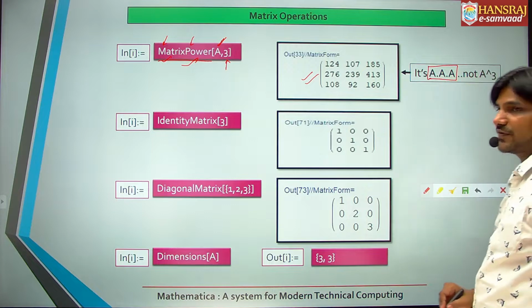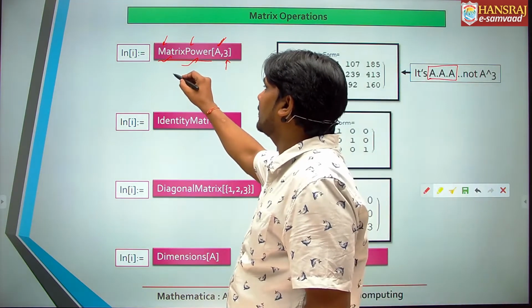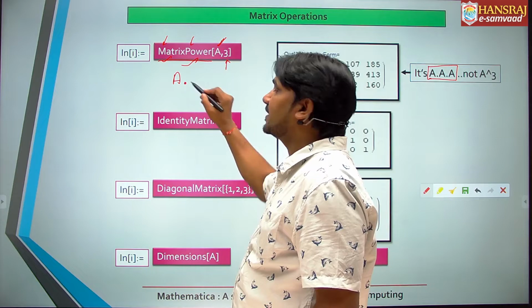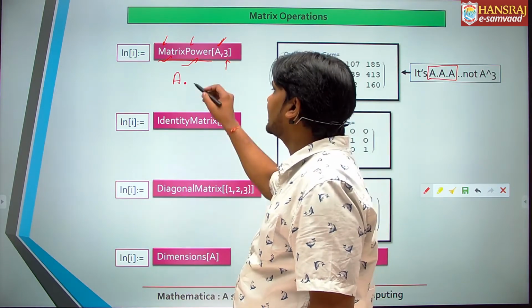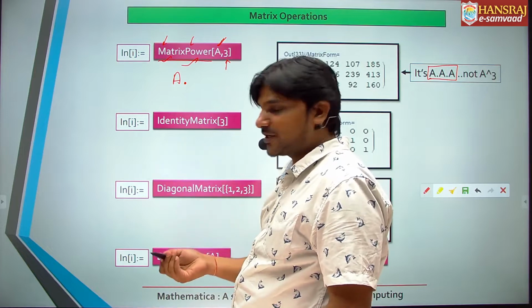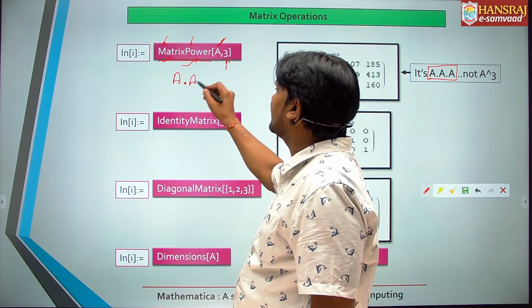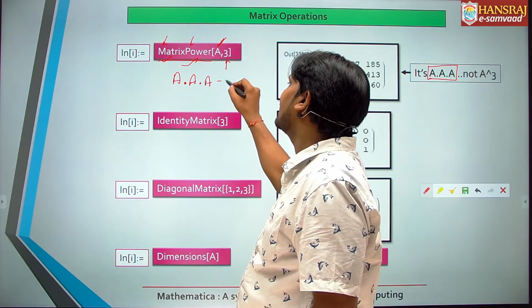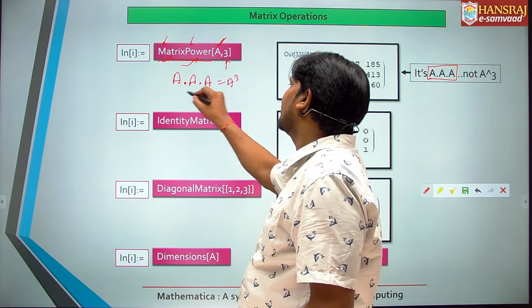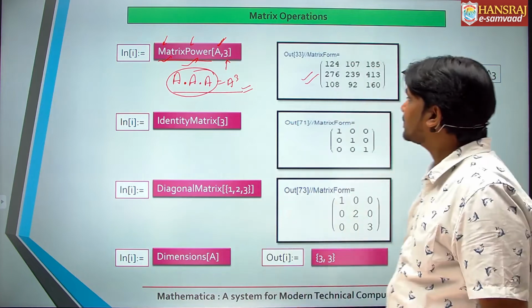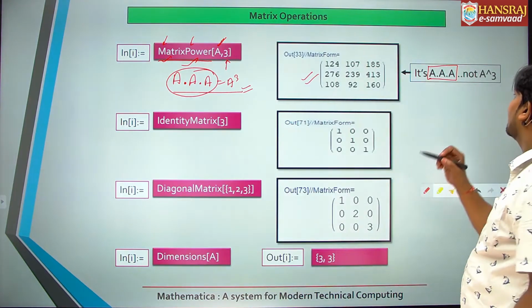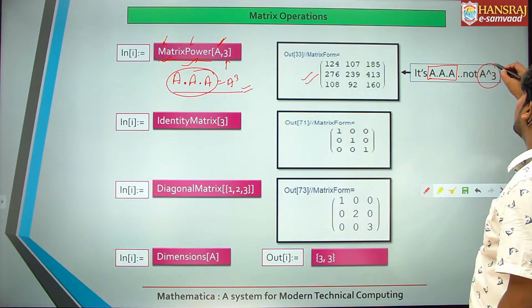You can also find matrix power if you want to do matrix multiplication, as we discussed in the previous slide, that dot is used for matrix multiplication. So A dot A, that is A squared, then again A, will give you A to the power 3. You can find it by this command also. Always remember, it is not A to the power 3.